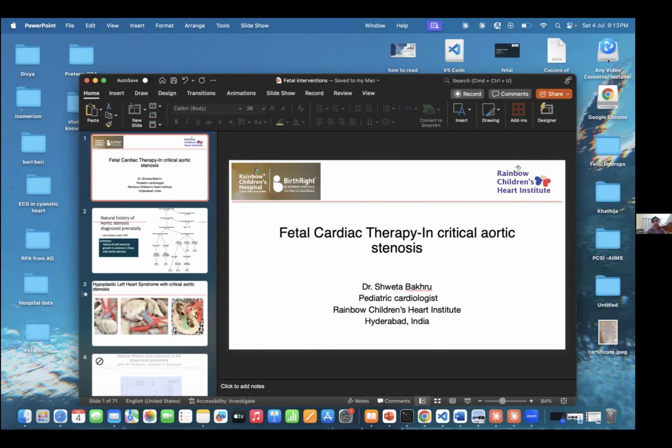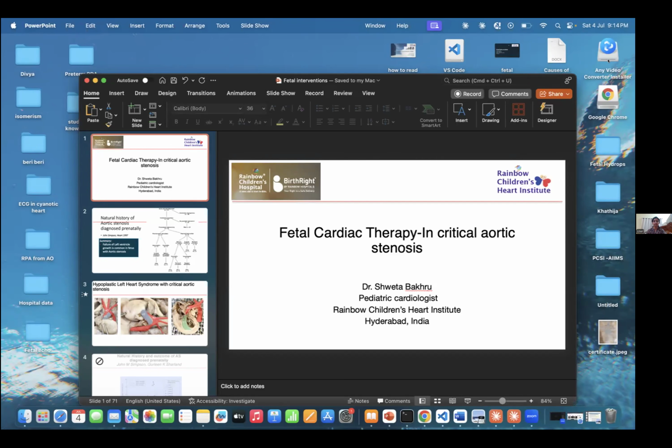Getting an isolated LV dysfunction with a distended LV, the first thing anybody who's imaging has to rule out is aortic stenosis. Another thing which I again want to stress on, for a primary imaging person, whether it could be an anomaly cardiac screening or a fetal echo, is not to get deceived by the aortic valve annulus size or the aorta size, because the aorta is going to look bigger.